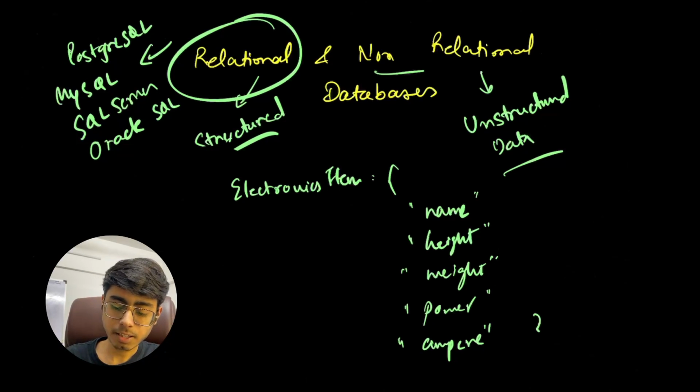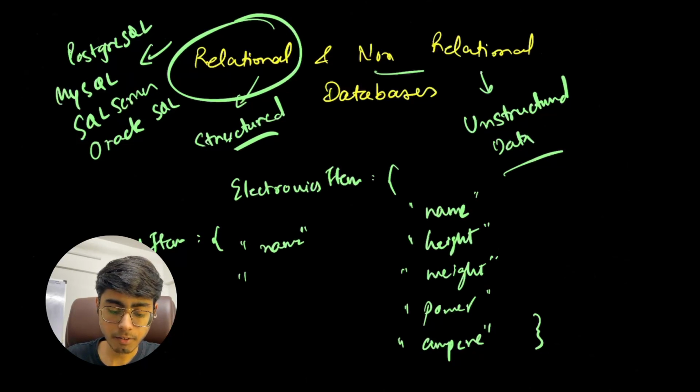But let's say in the same product catalog for the same Amazon, you have a food item, let's say bread. Bread definitely will have a name, and bread will have grams, like weight. So weight we also have here, that's fine.